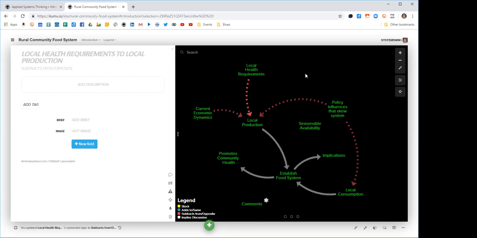Absolutely. So what is it that encourages local production? We have several things that discourage local production. What would encourage a community to actually endeavor to promote more of its own local development?